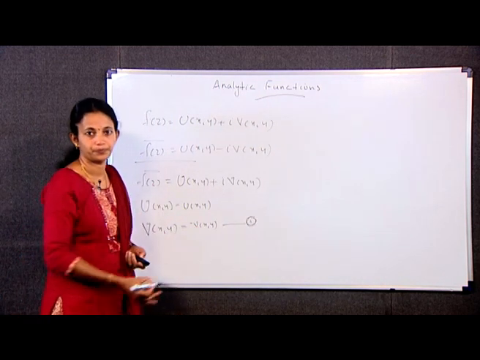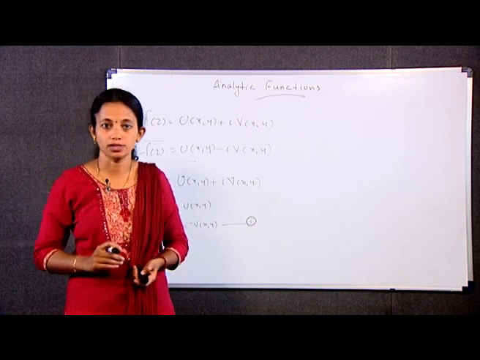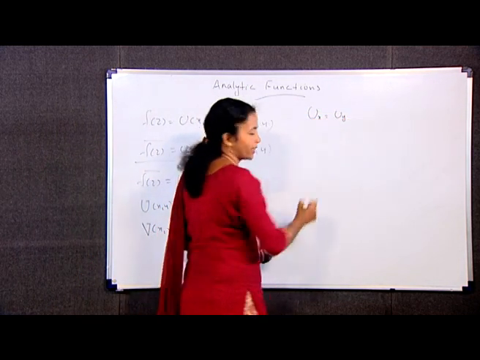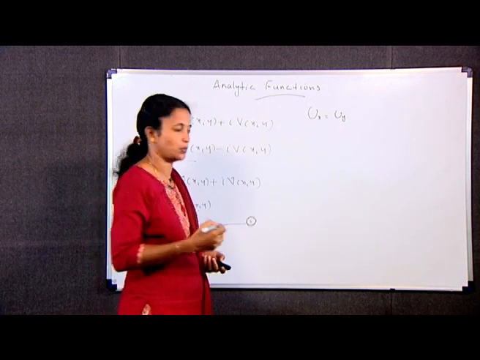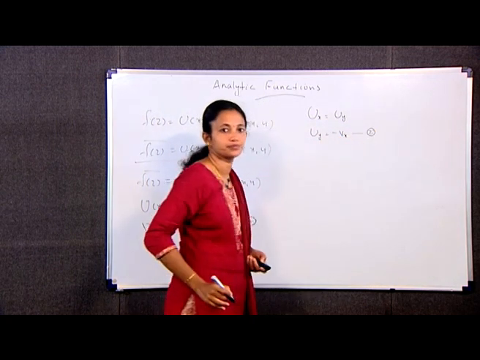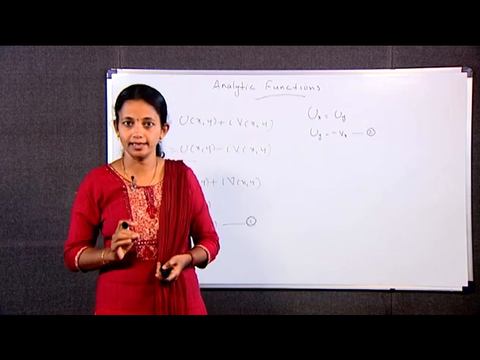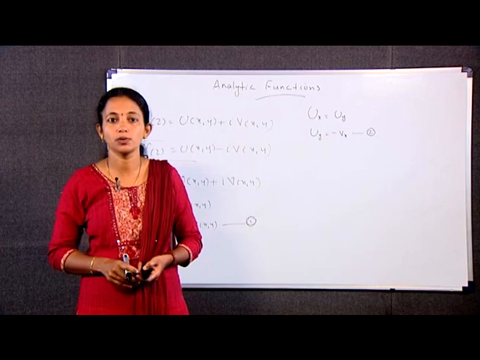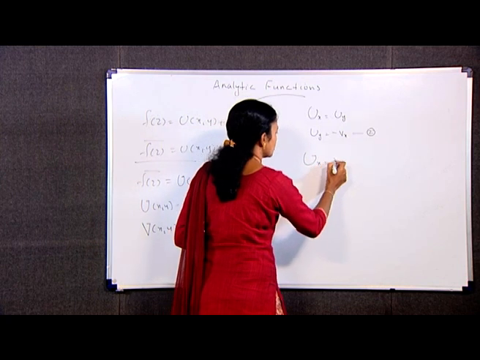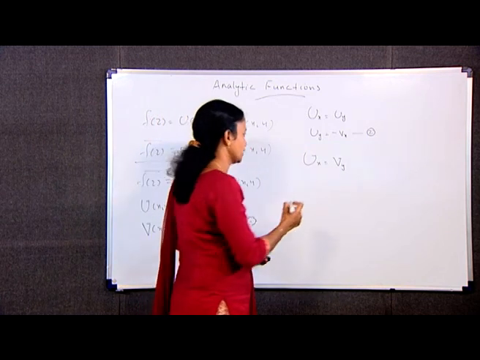Because of the analyticity of f(z), the Cauchy-Riemann equations ux is equal to vy and uy is equal to minus vx, that is equation number 2, hold in D. And the analyticity of f(z) conjugate in D tells us, using the Cauchy-Riemann equation, that Ux is equal to Vy and Uy is equal to minus Vx.